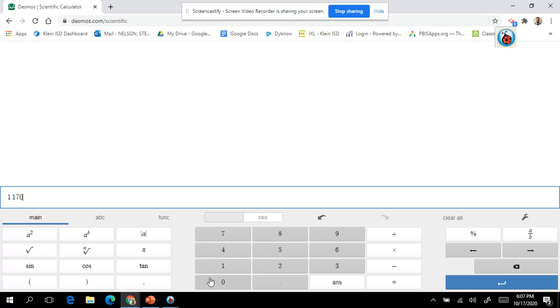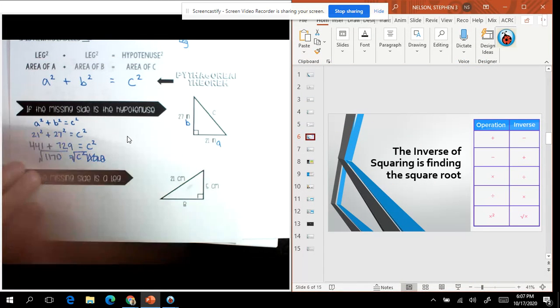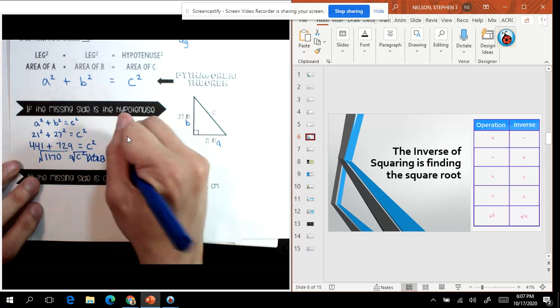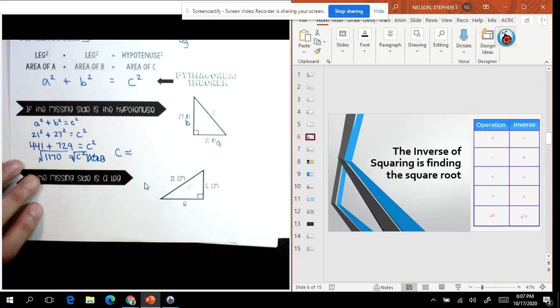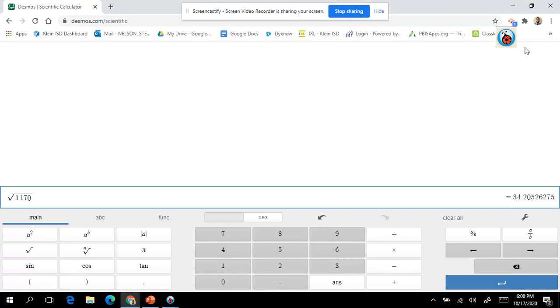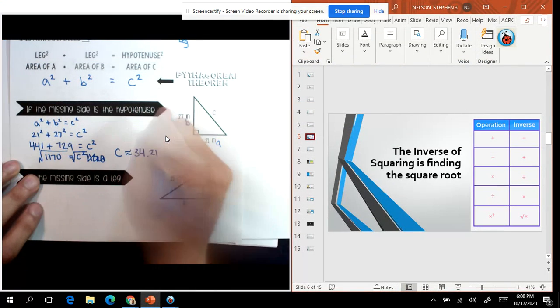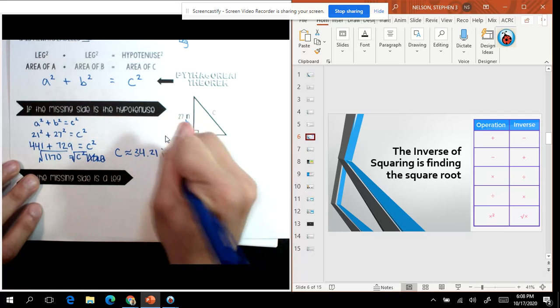Oh, actually, I have to type in the radical symbol first. So radical 1170, and we get 34.21. So the hypotenuse is roughly 34.21, and they have inches.